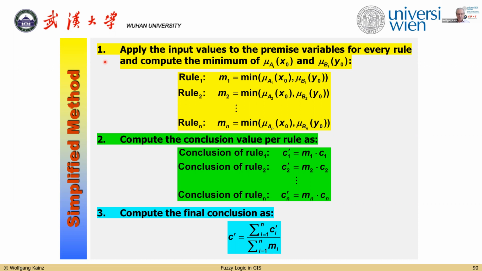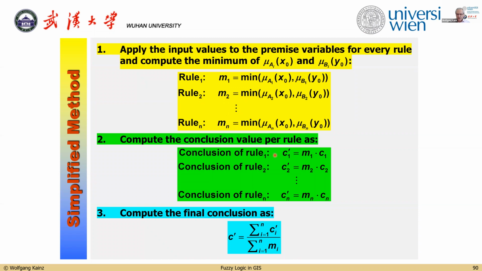Here, we do not need to cut any fuzzy set because the conclusion is already a single value. So the only thing we need to do in step number 2 is multiply the minima with the conclusion values to come to the conclusion of every rule.